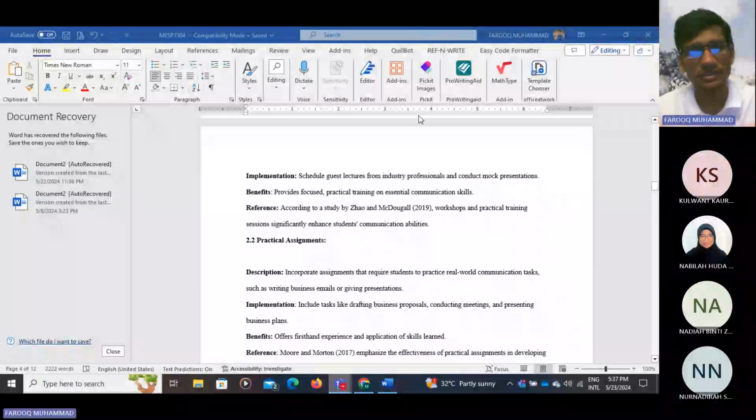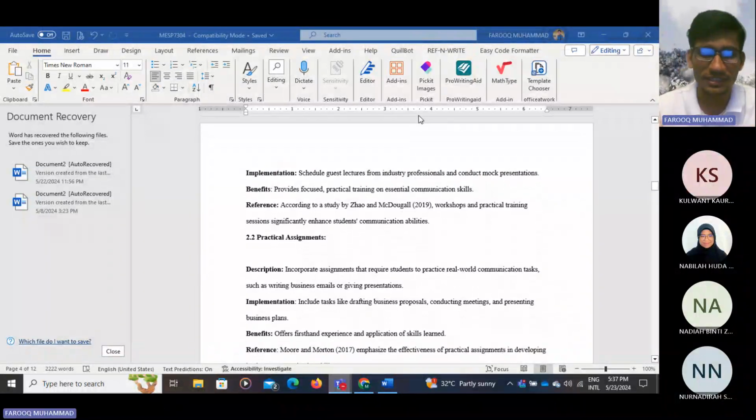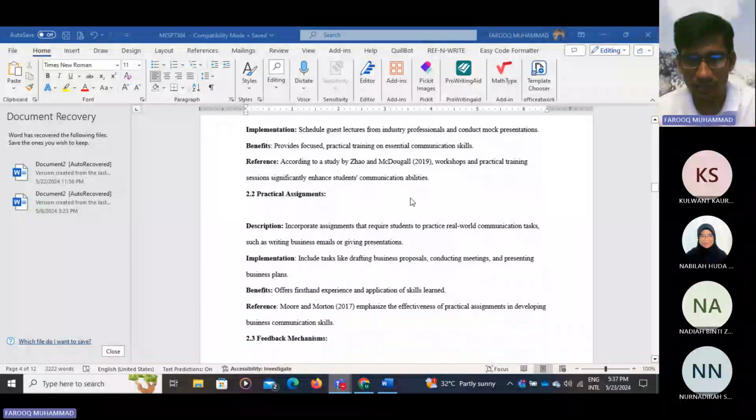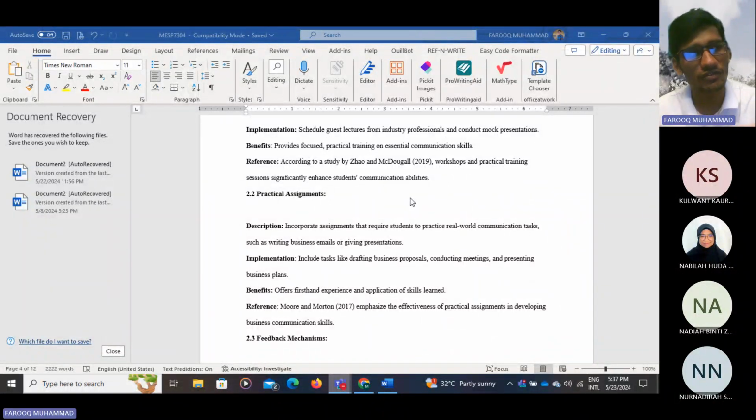So the second solution to this issue will be the practical assignment. We can have in-class assignments that require students to practice real-world communication tasks such as writing business emails or giving presentations. Like we can ask, what are the essentials of a business email?